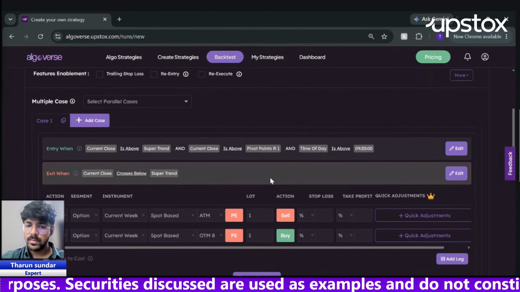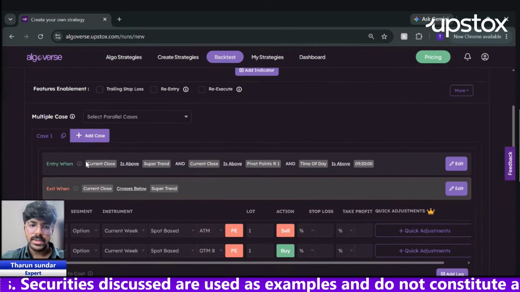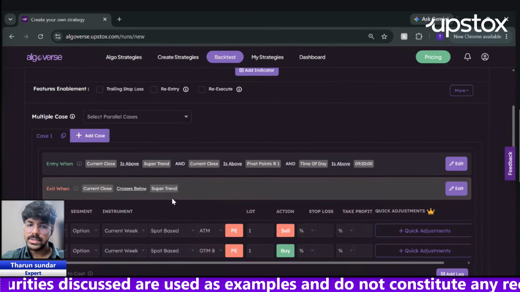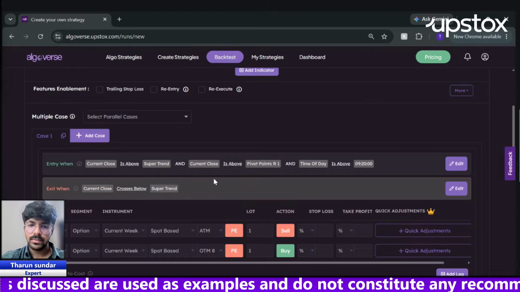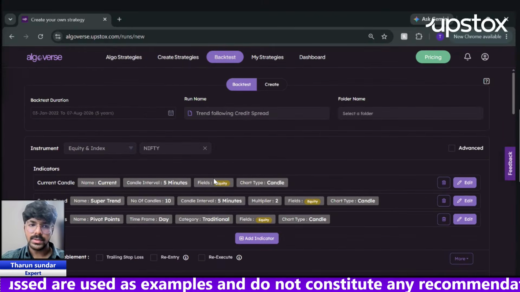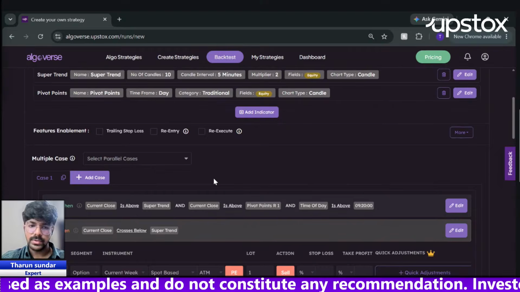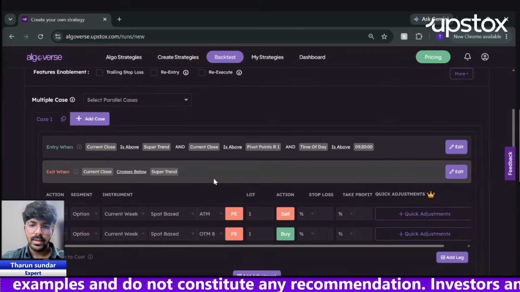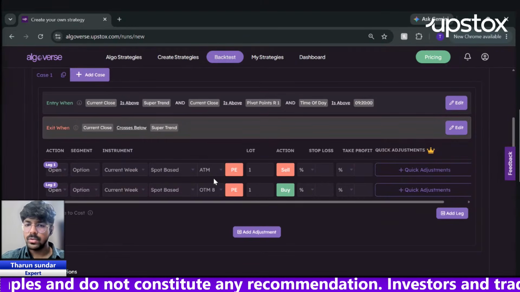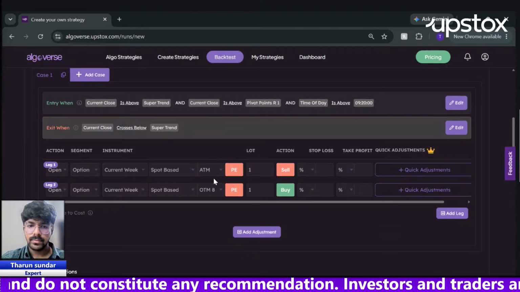And in the leg side, I'm not going to have any stop loss or take profit. As I told, entries and exits are based only on the entry and exit conditions. There are no fixed stop loss or take profit values for this particular strategy, and these types of strategies are called open target strategies.